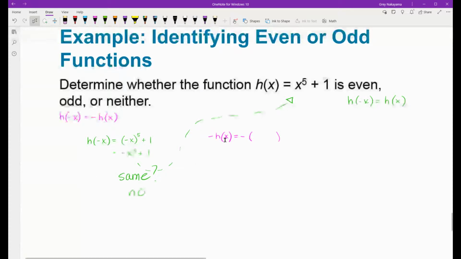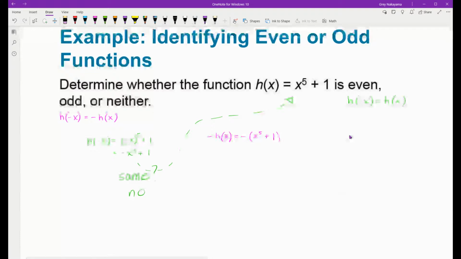So then I'm going to come over here and go, okay, well, what about negative h of x? The reason I'm evaluating this is that I've already done h of negative x. So now I do negative h of x, which means that negative comes outside right here. So h of negative x, but what does this equal? This equals negative whatever my function is. In this case, it's x to the fifth plus 1.